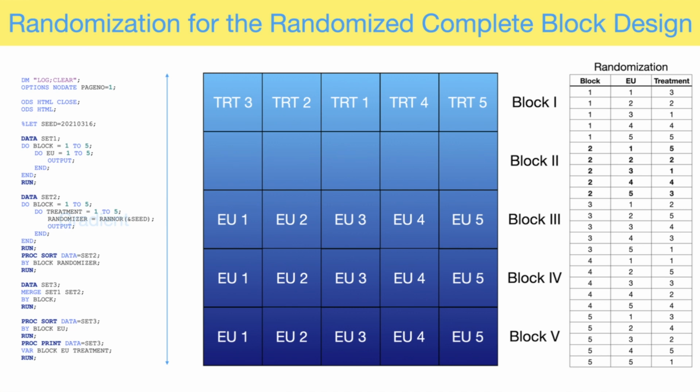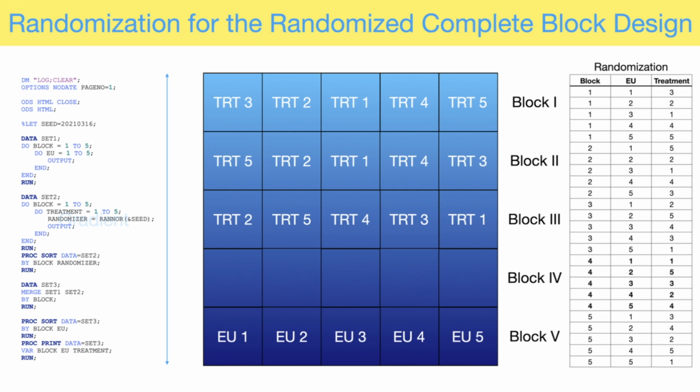For the second block, we see that the treatments were 5, 2, 1, 4, and 3 to experimental units 1 through 5, respectively. Continuing on with block 3, the procedure assigned treatments 2, 5, 4, 3, and 1 to experimental units 1 through 5, respectively.